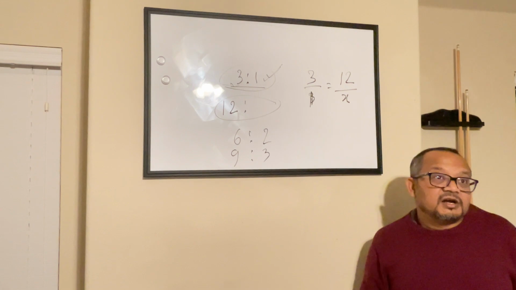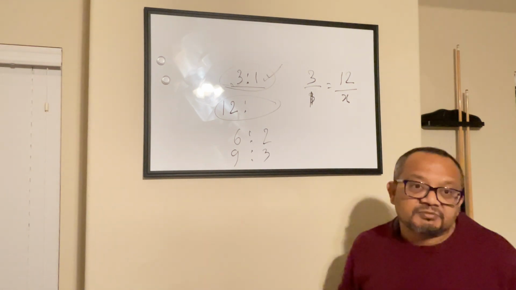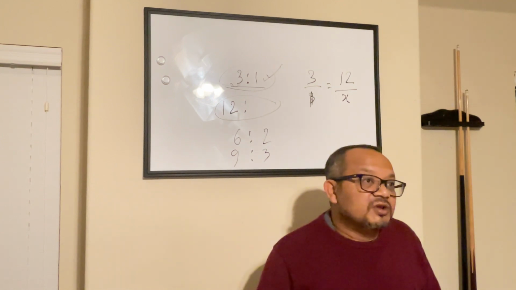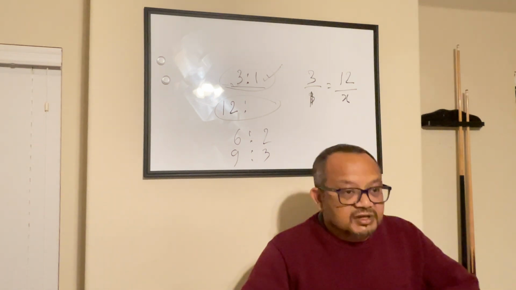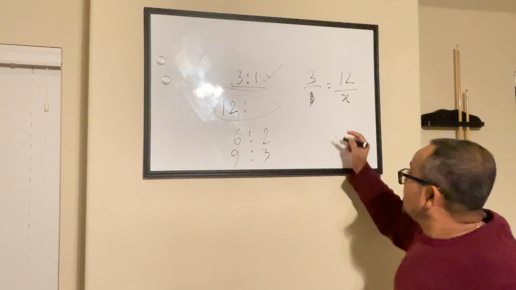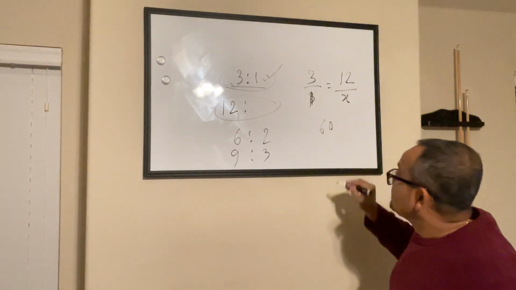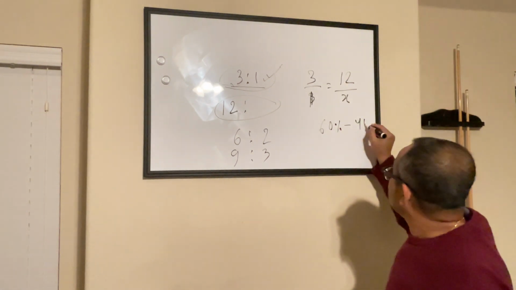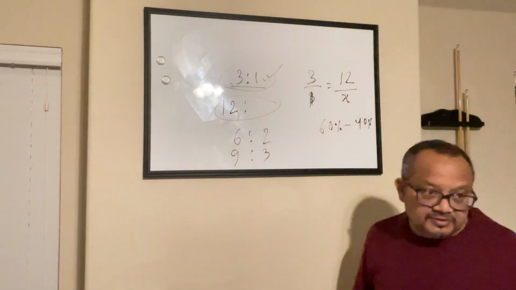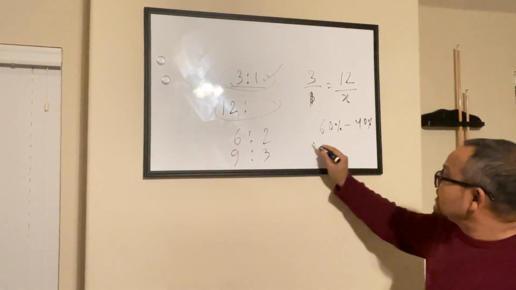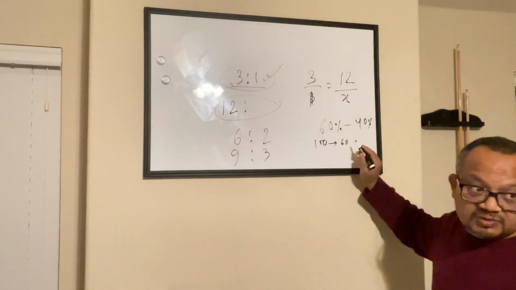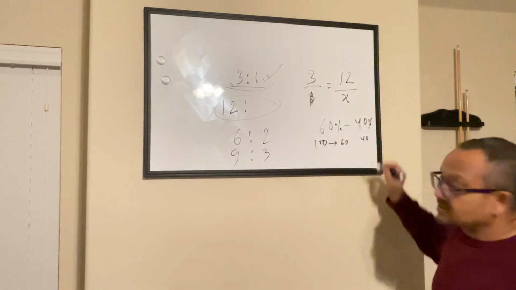Let's say the Frisco school district says that you cannot have more than 60% boys in a class, meaning at most you can have 60% boys in the class. That means the remaining 40% will be girls. So if there is a class of 100, you'll have at most 60 boys and 40 girls.